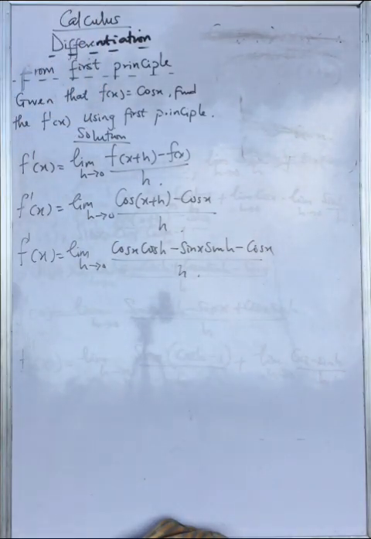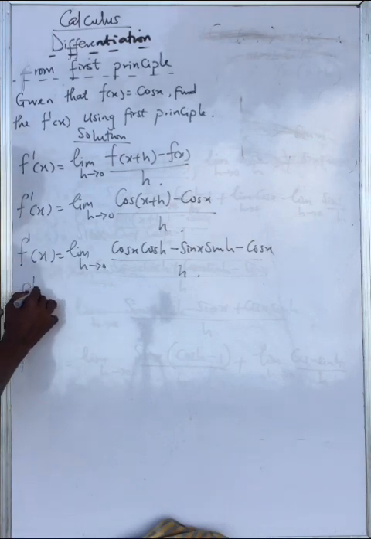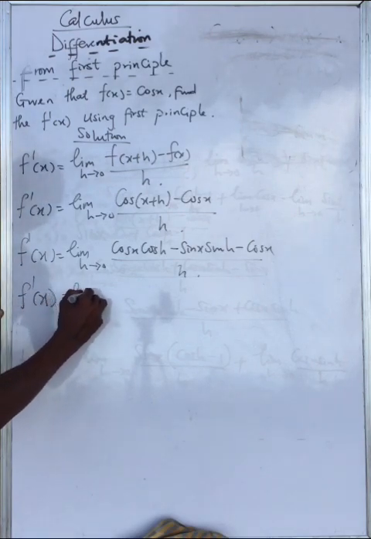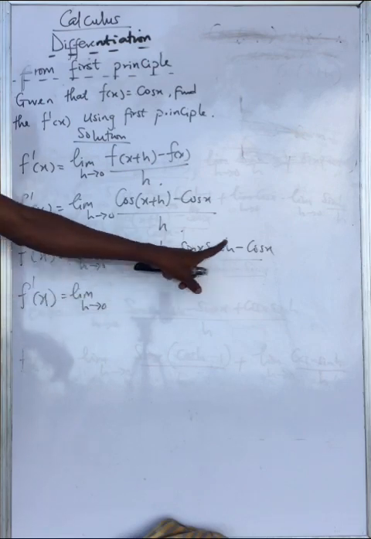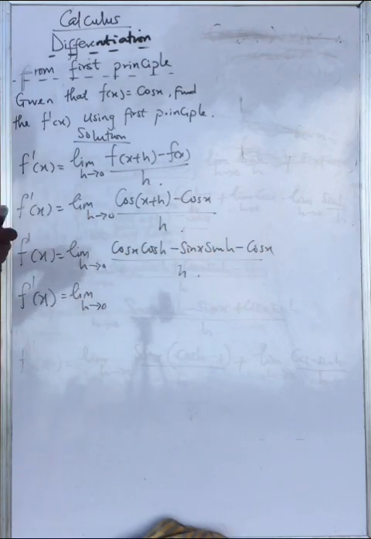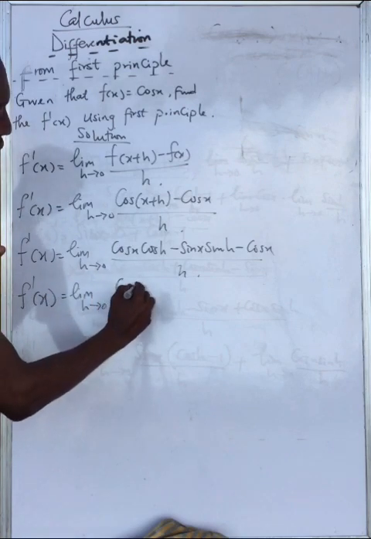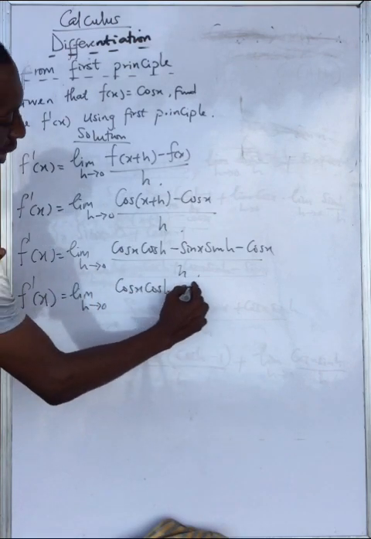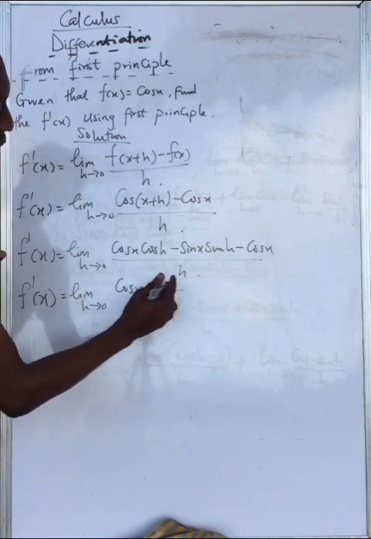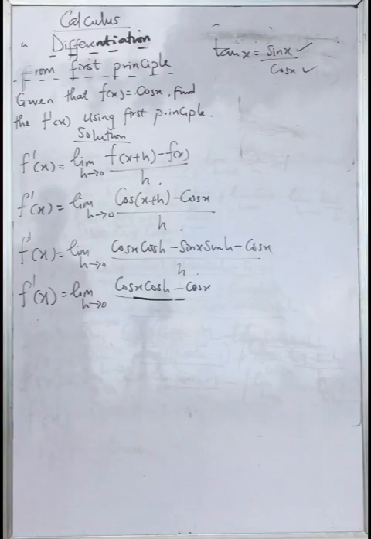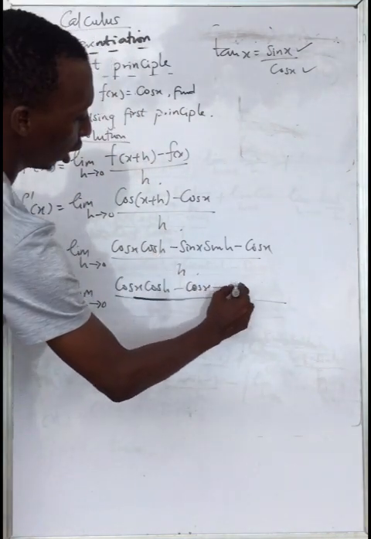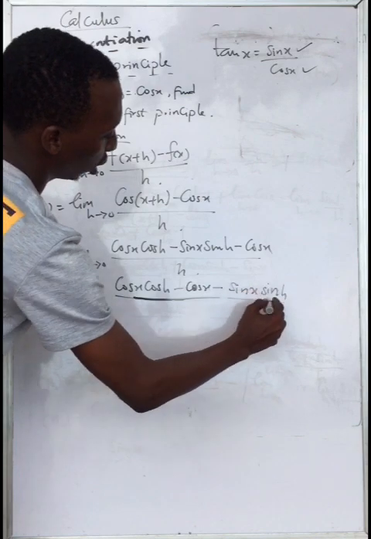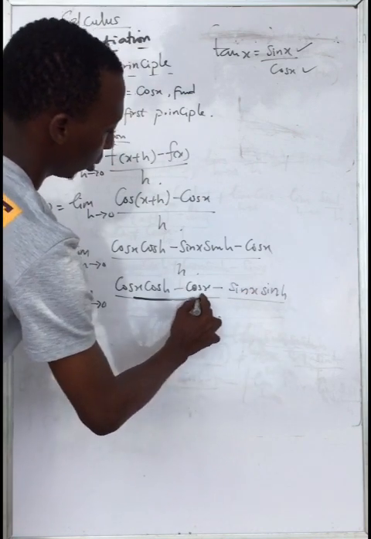So the next thing is that f prime of x is equal to the limit where h tends to 0 of, now there is a common term here: we have cos x. Let's bring them together, and we have cos x cos h minus cos x, minus sin x sin h, all over h.